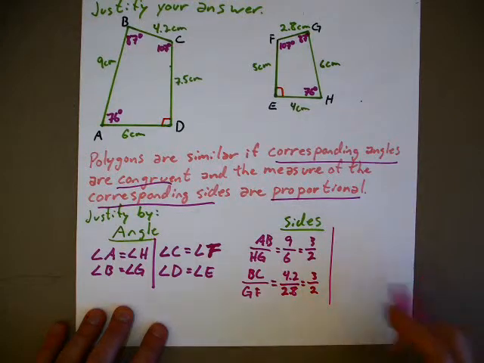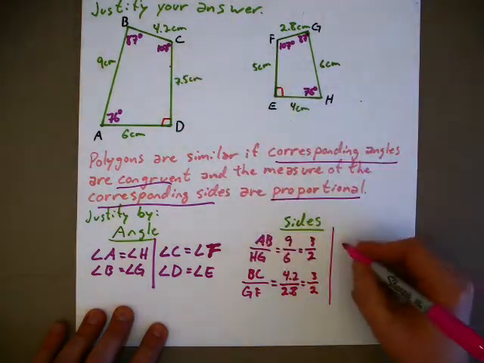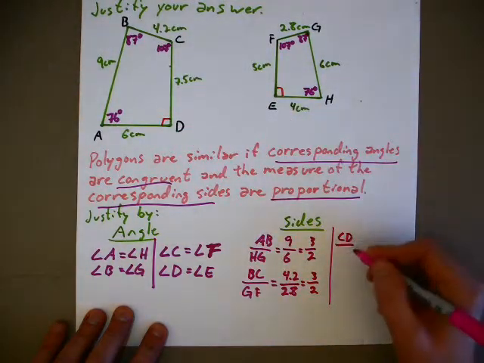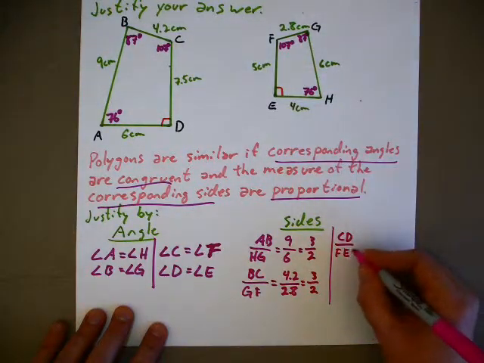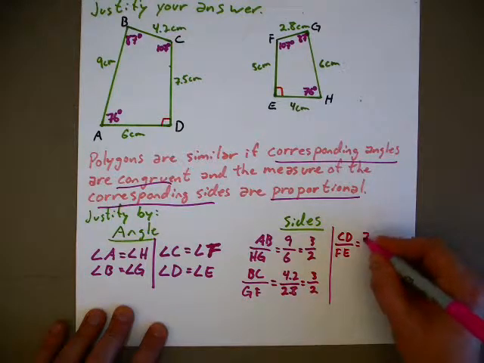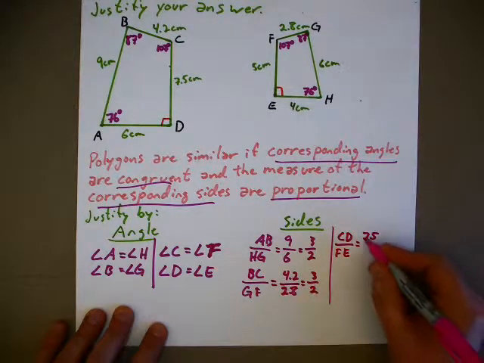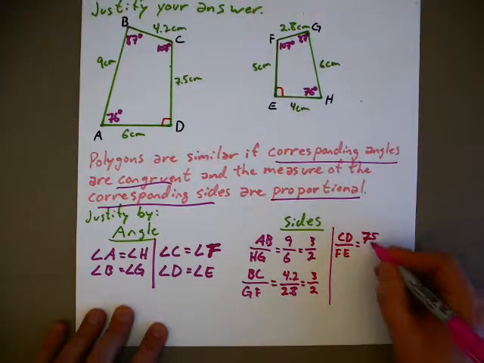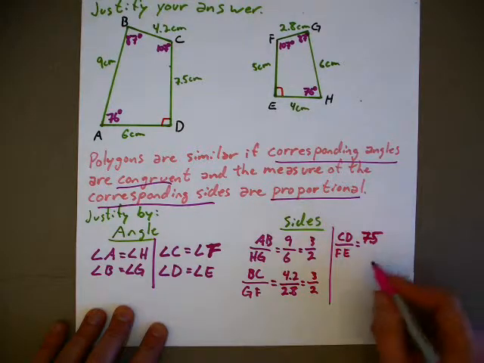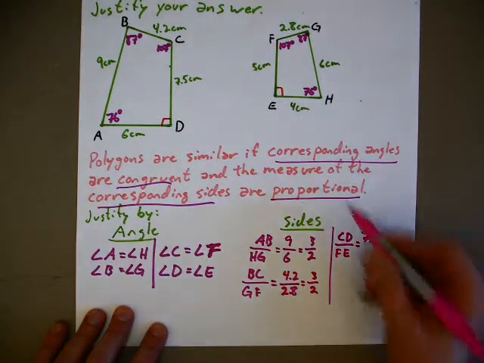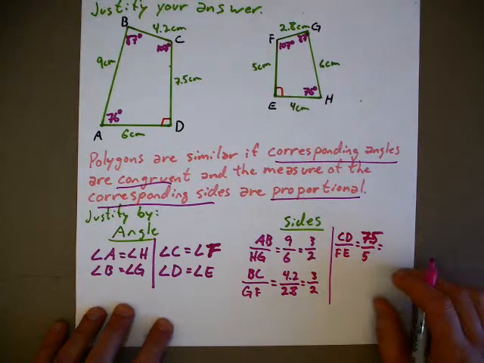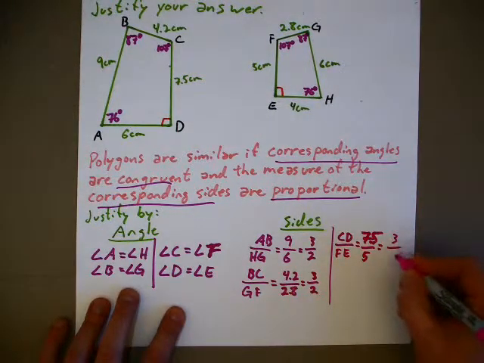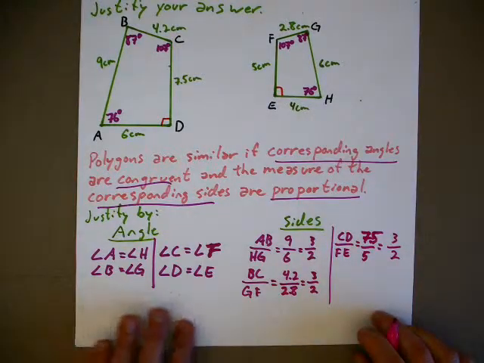Now let's take a look at that next one. CD goes from the 107 degree angle to the 90 degree angle, and so over here that's FE. And that is 7.5 centimeters over my 5 centimeters. So again, simplify that to 3 over 2.